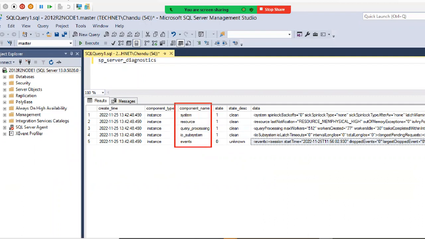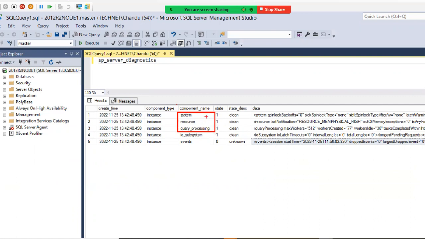Like the component name: system, resource, query processing, IO subsystem, and events. These three are the main major things.